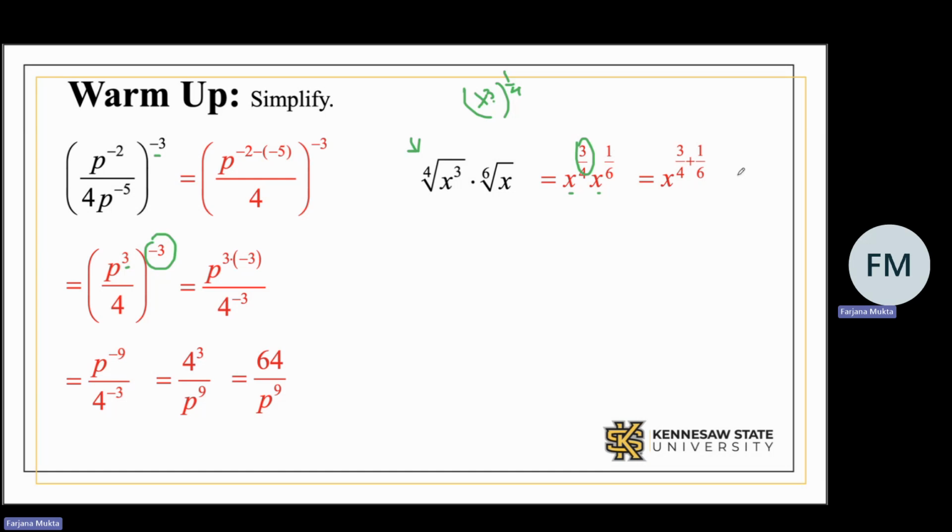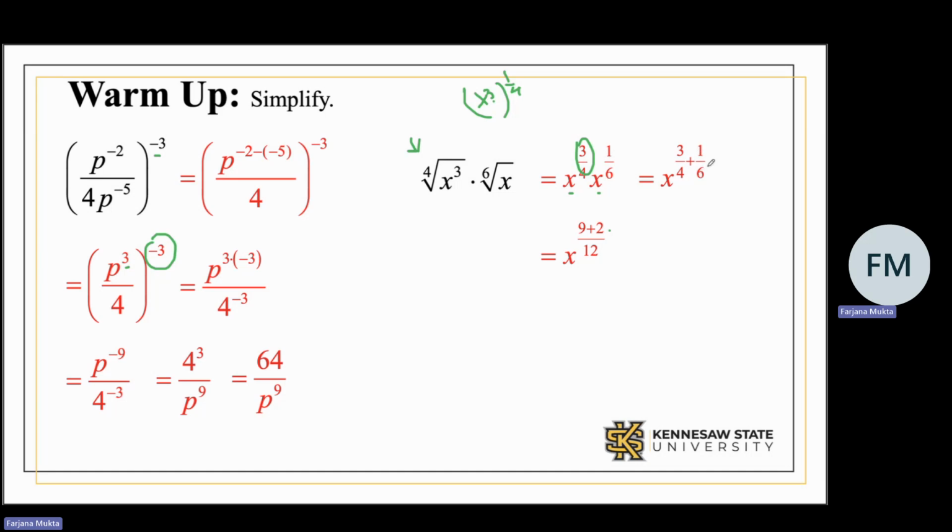Right? And by getting the LCD 12, we'll add the numerators, and we'll get 9 plus 2 on the numerator. Based on the LCD 12, to make the first fraction 3 over 4 have the denominator 12, we need to multiply both the numerator and denominator by 3.